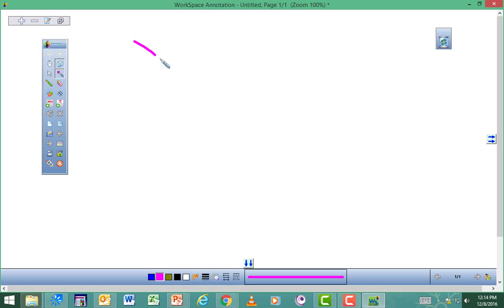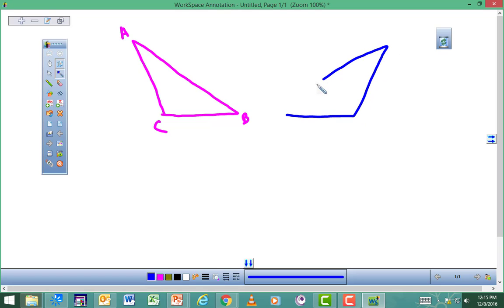Let's say we have a triangle right here, and we'll just call this triangle A, B, and C. And now let's say we have another triangle over here, kind of like this.